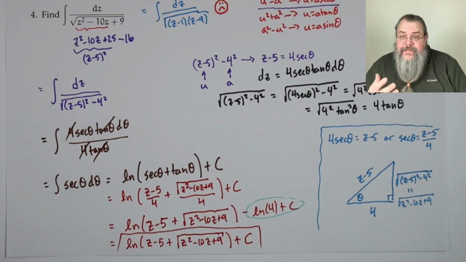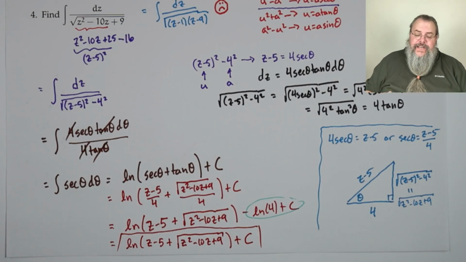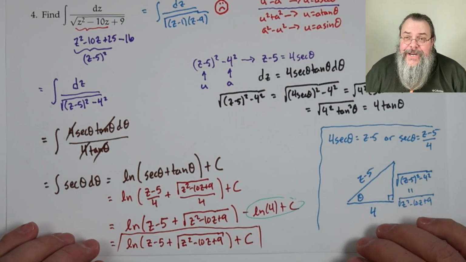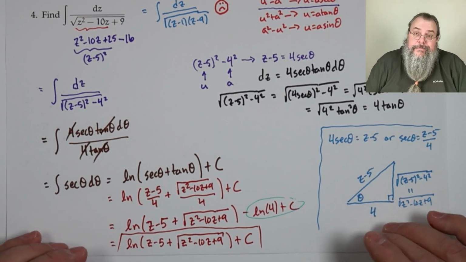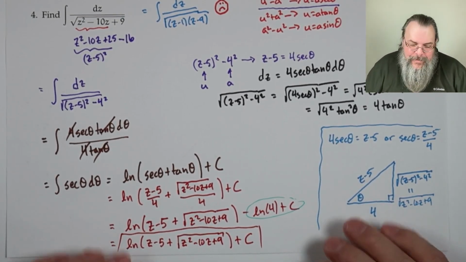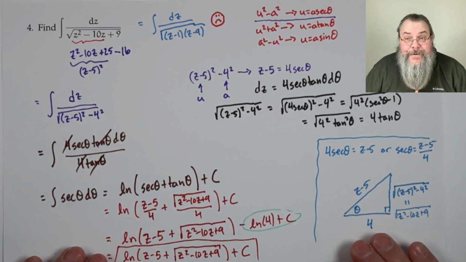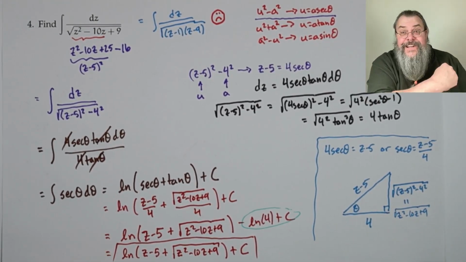But it's nice to understand that there are manipulations that can go on, and it's good to see them from time to time, just in case anybody ever pulls it out in the future. And then you can say, yeah, I know that. Come on, give me a break. But okay, another problem down, which means more problems to go. Let's go.